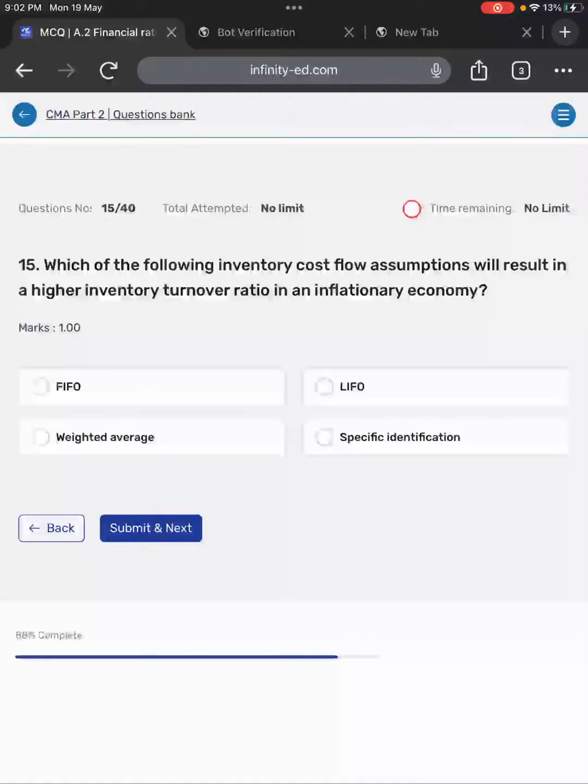Inventory lower means ratio high. FIFO, weighted average, LIFO. LIFO.